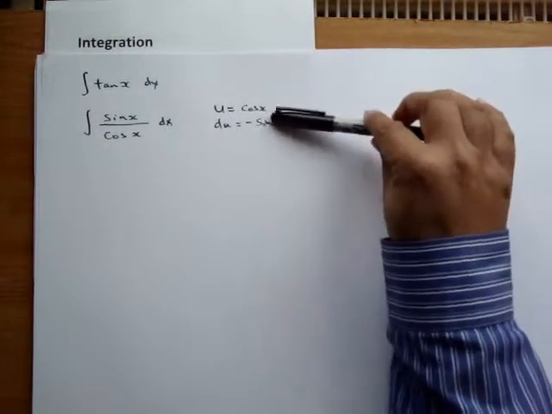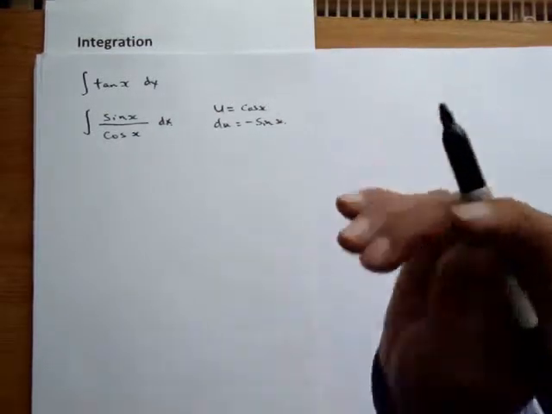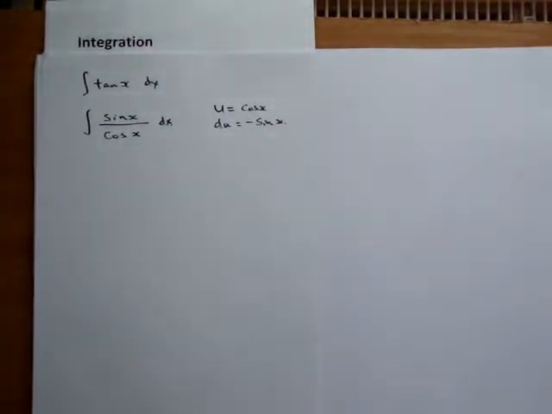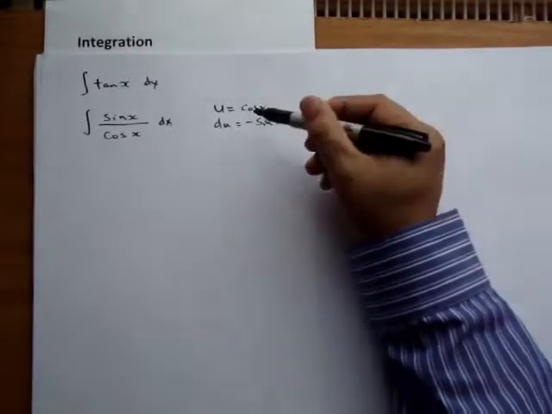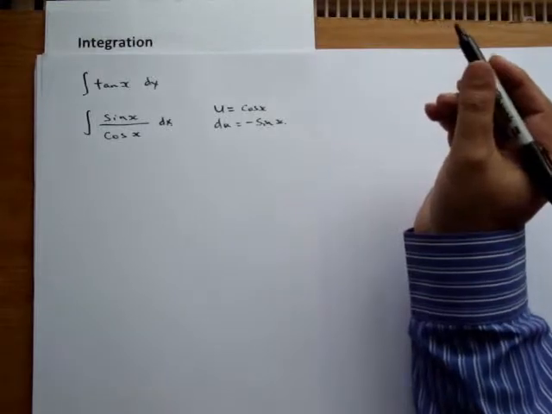If we see the sin x appear in the original integrand, the du appears, that means it's a candidate for u substitution. The constant, or the minus sign, we can take care of.